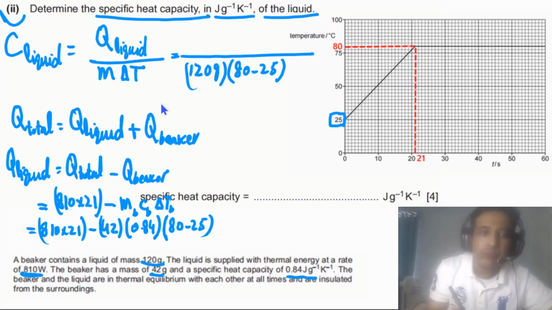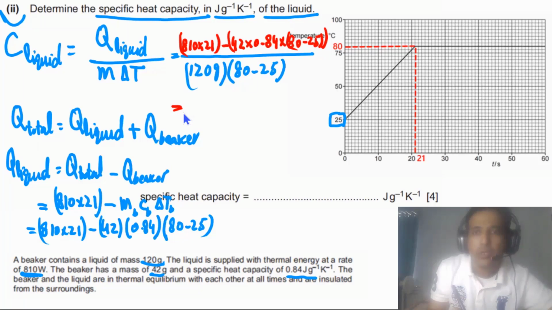Now simply we need to write here 810 times 21 minus 42 multiplied by 0.84 times 80 minus 25. We can use double brackets here.